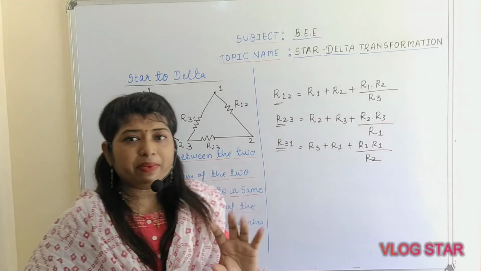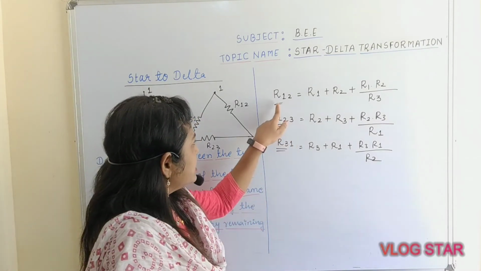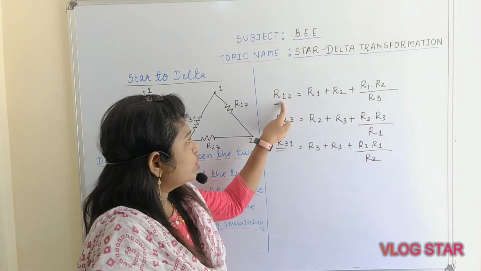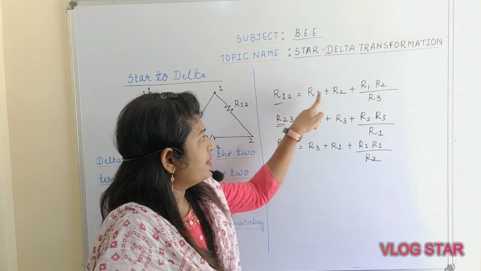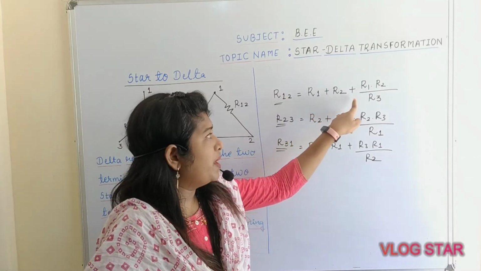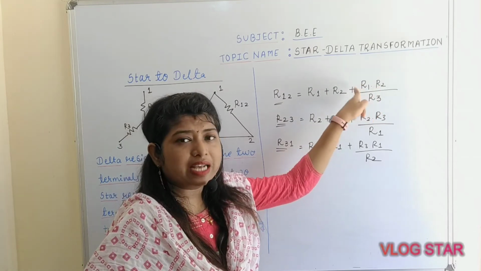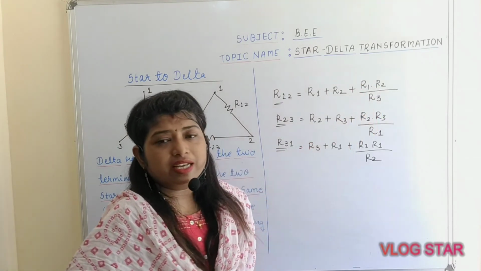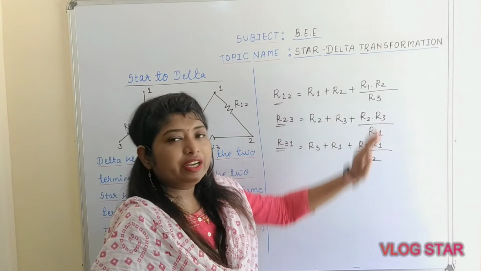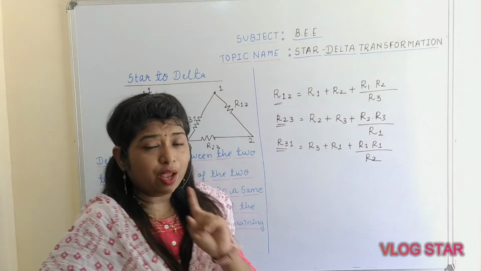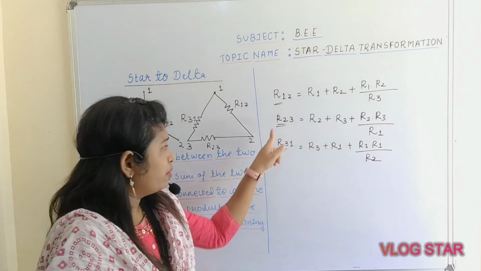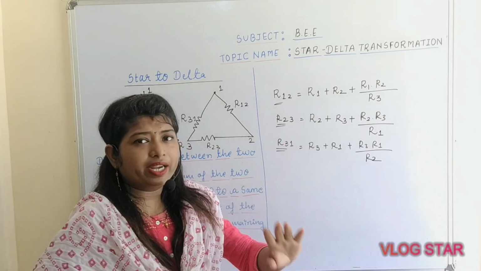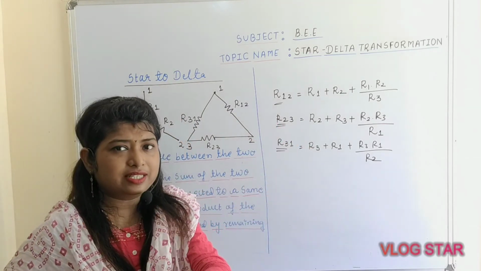Or you can remember another technique. For R12, the first resistor is R1 plus the second resistor R2 plus the product between them, R1 into R2, and then you divide by the remaining resistor, R3. Similarly, apply that concept on R23. You have to find the delta resistance R23.